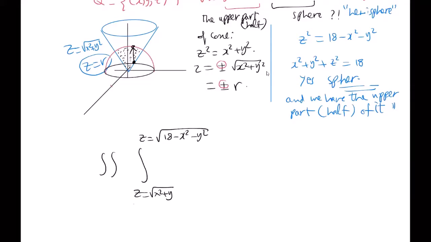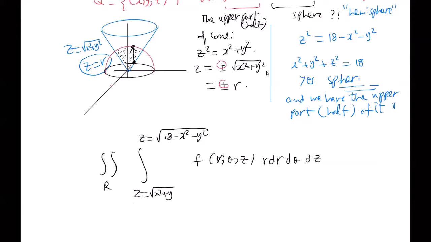Then the double integral will be f of r, theta, z, dz, r dr d theta.